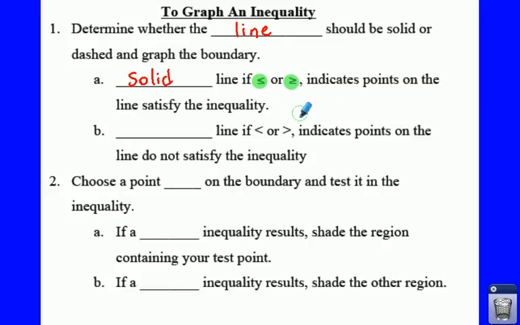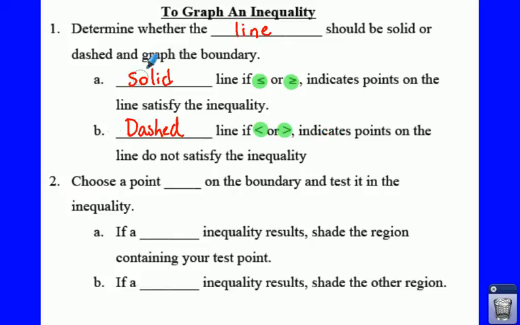That means anything on the line is actually going to satisfy the inequality also. You're going to have a dashed line if you have less than or greater than. So that's how to tell whether your line is either dashed or solid.